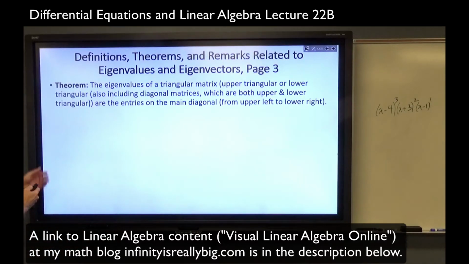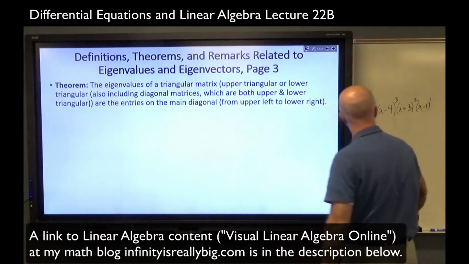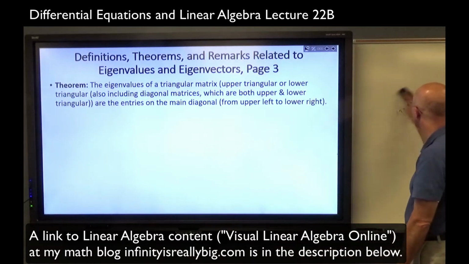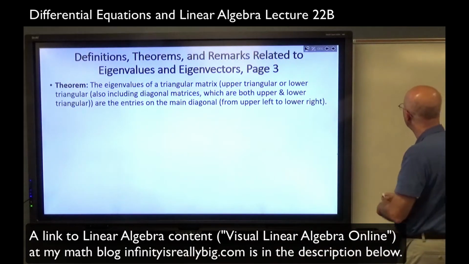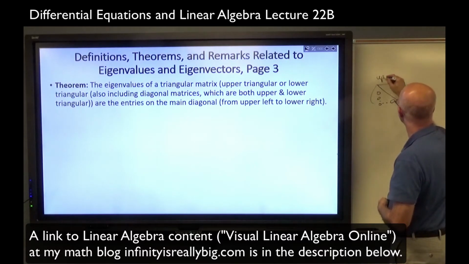Theorem. The eigenvalues of a triangular matrix, which includes upper triangular, lower triangular, or diagonal matrices, because diagonal matrices are both upper triangular and lower triangular. Upper triangular has the non-zero entries above and on the main diagonal and zeros underneath.